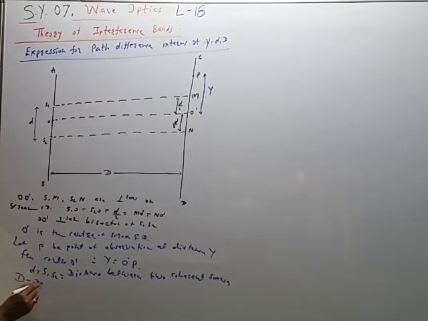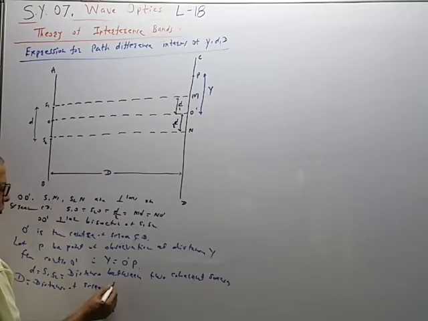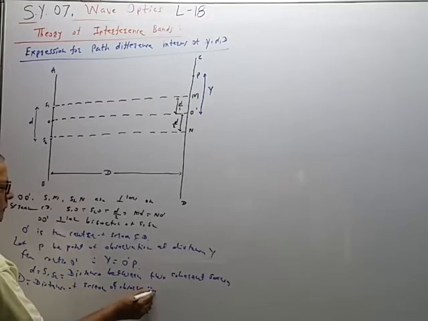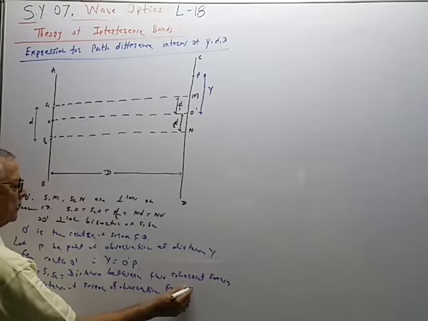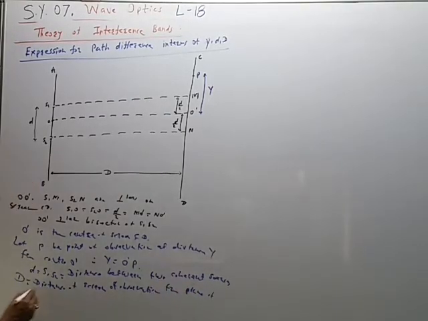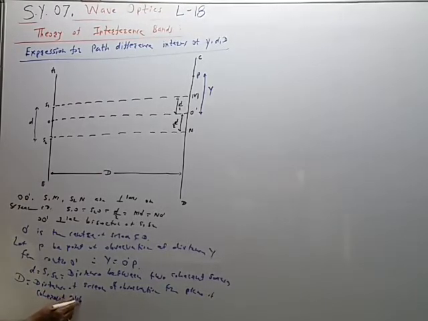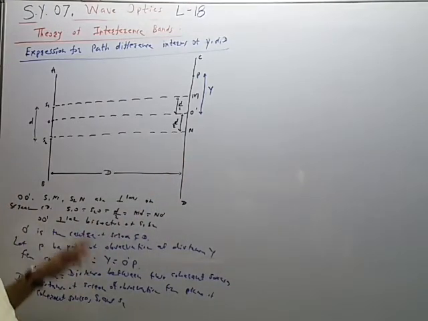Capital D is equal to the distance of the screen of observation from the plane of coherent sources S1S2. This is the screen used for observation, and this is the plane of the two coherent sources like this.